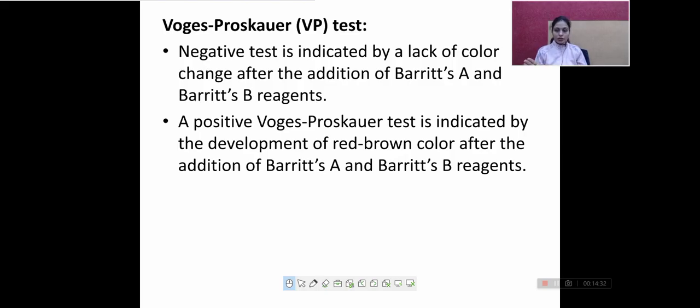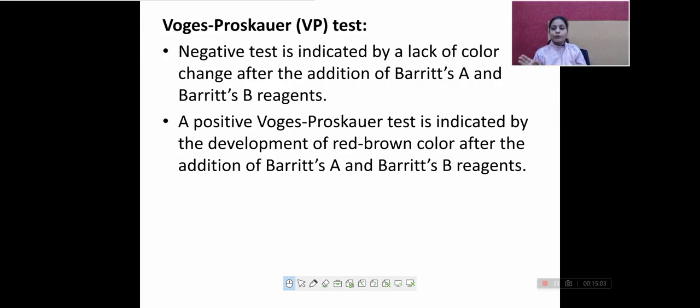When we add Kovac's reagent in the indole test, in the previous slide we saw that we add the tryptophan solution. When tryptophan is present, an enzyme breaks down the tryptophan into pyruvic acid and ammonia, and then when we add the Kovac's reagent, that is converted into a red color, right?